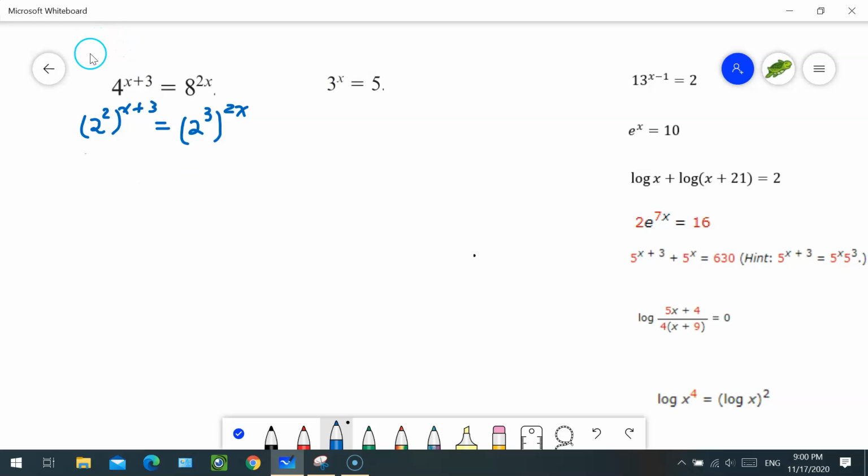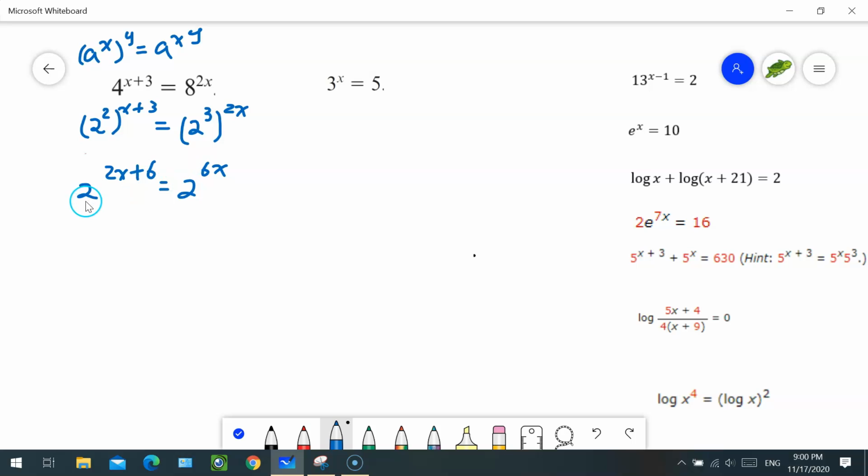Now we can apply the rule: a to the power x with another power y outside will turn into a to the power xy. So now we just distribute the power part, and we will have 2x plus 6 is equal to the power 6x.